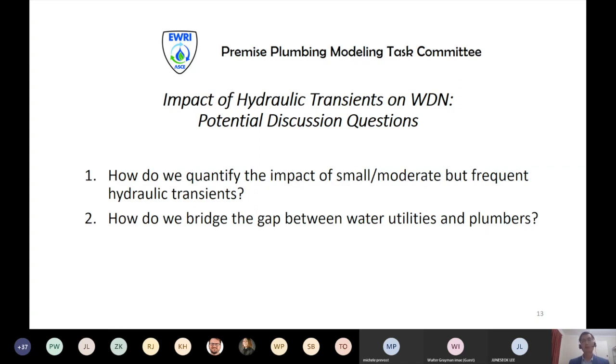So what we suspect was these transient events contribute to small crack growth in aging metallic pipes in particular. And those small cracks, initially they are very small and probably just a small leak that nobody knows. Then they will grow to a bigger one, and eventually they will become large enough and burst the pipe.